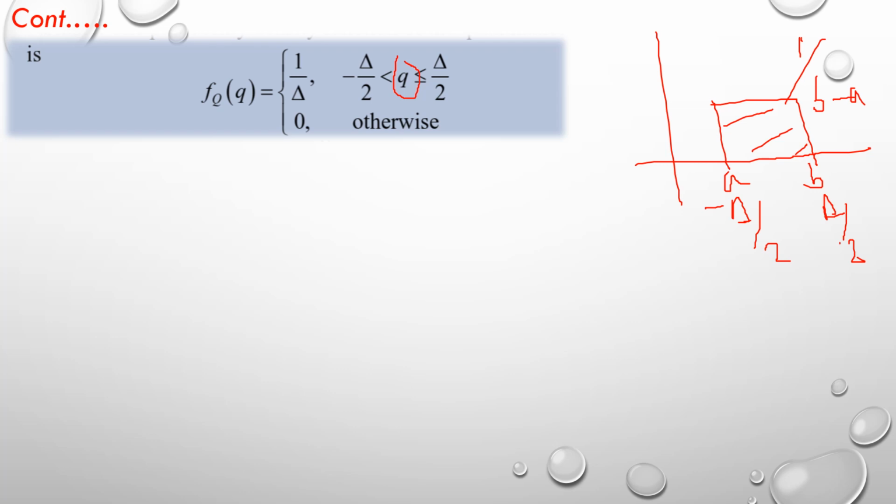So B is equal to delta by 2 and A is equal to minus delta by 2. Replacing these, 1 divided by B minus A is equal to 1 divided by delta, when Q varies from minus delta by 2 to delta by 2. So the probability density function is equal to 1 divided by delta.